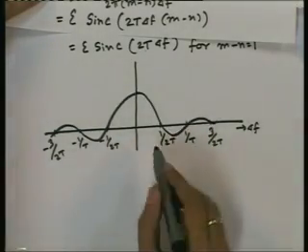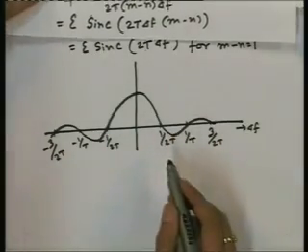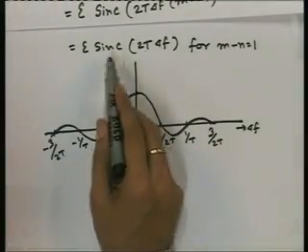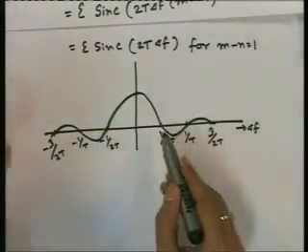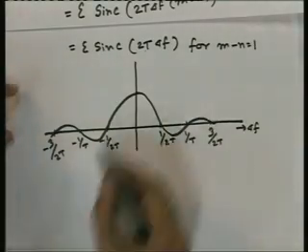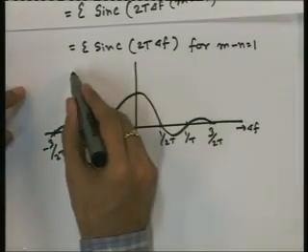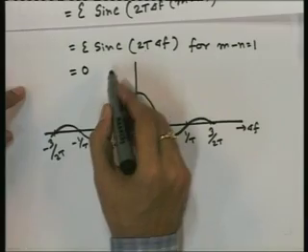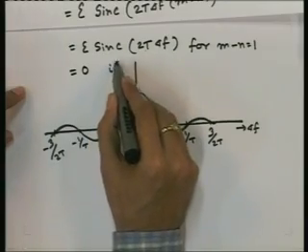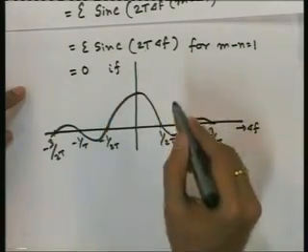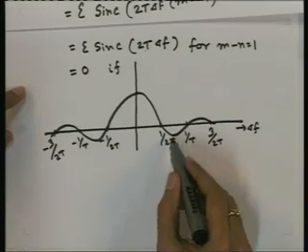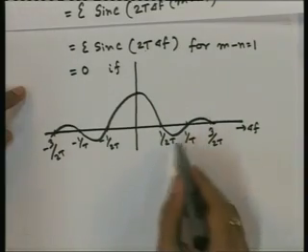Now we can see from this plot that this value will be 0 at these places. So this is equal to 0 if delta f is a multiple of 1 by 2T.